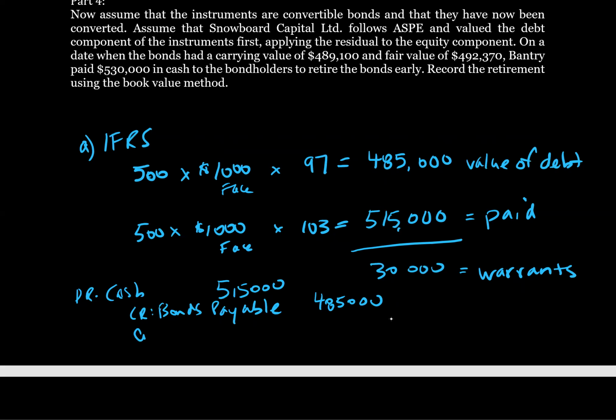And we're going to credit contributed surplus, warrants, and this is going to be our 30,000. Okay, so that's our entry under IFRS.